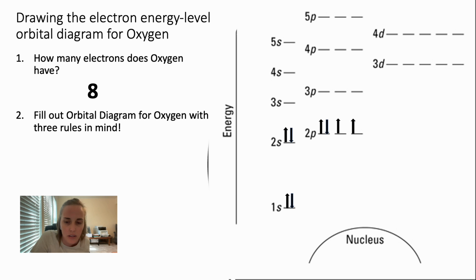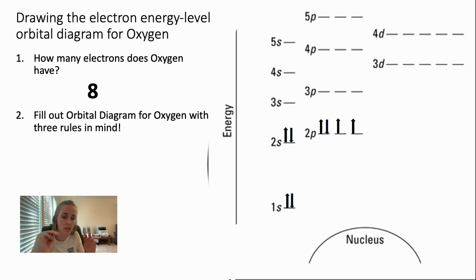Now these electrons, this is how they're going to work. They're able to spread out as much as they can. And then with this other electron, when it has to be there, it's going to have this opposite spin. So this is a correct drawing of your energy level orbital for oxygen. For oxygen, there's 8 electrons.